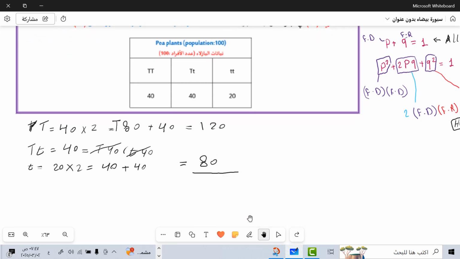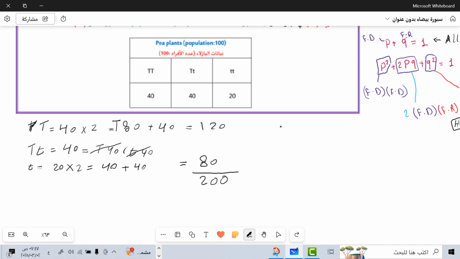And to make the total number of the alleles, okay? We will count now to bring the frequencies of P and Q. 120 plus 80 is 200.